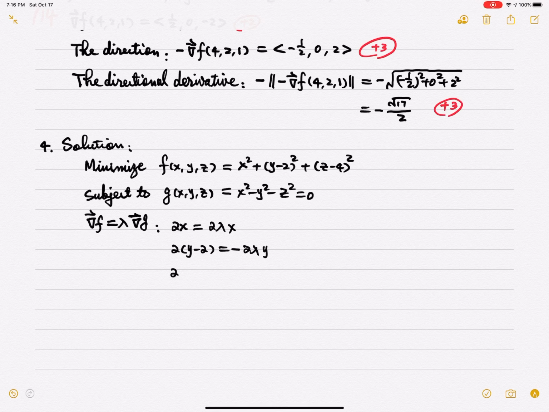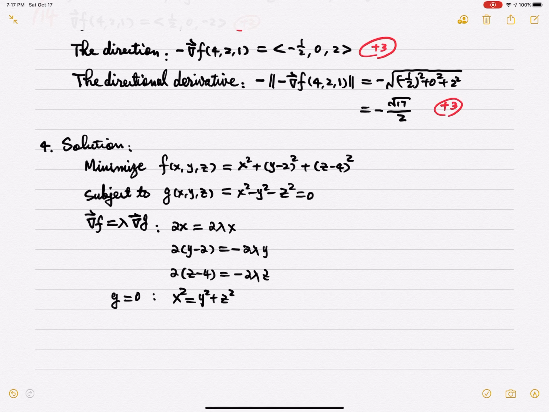And then 2 times (z minus 4) equal to negative 2 lambda z. Now we have one more equation, g equal to 0, which is x squared equal to y squared plus z squared. So we have 4 equations, 4 variables: x, y, z, and lambda.